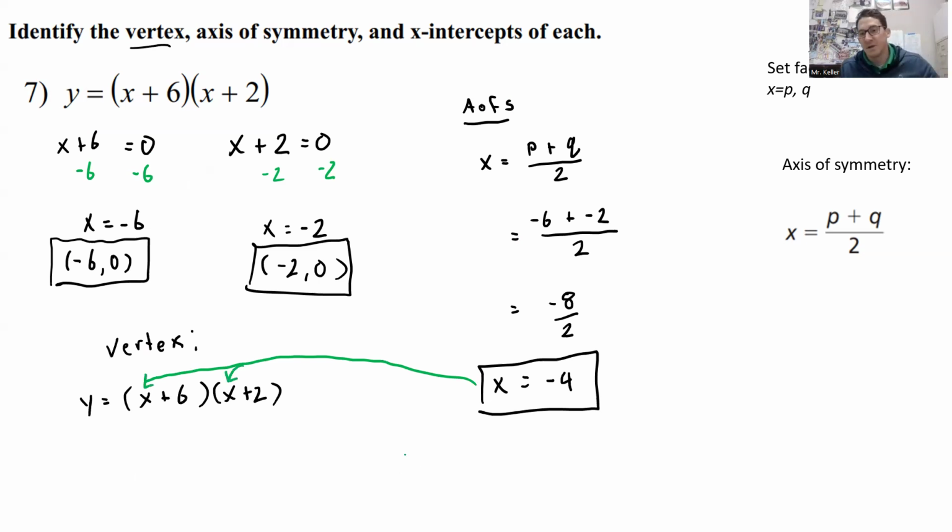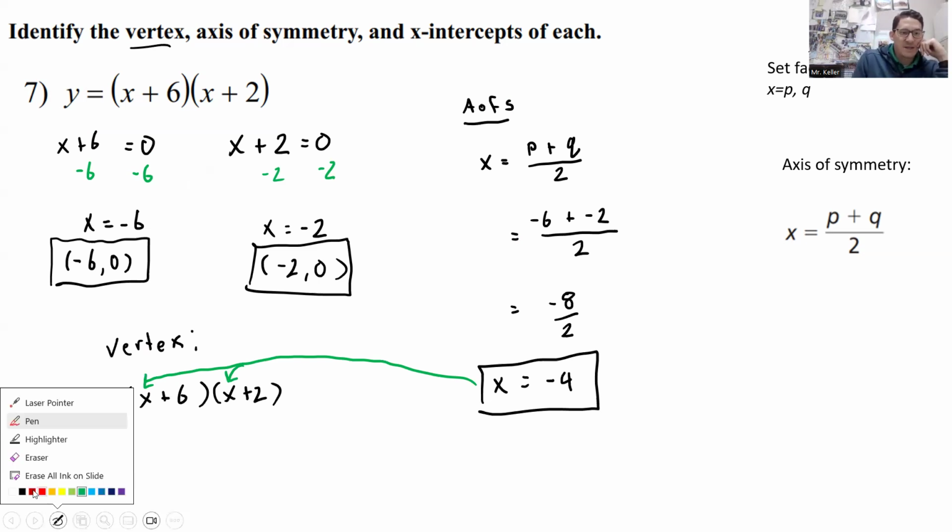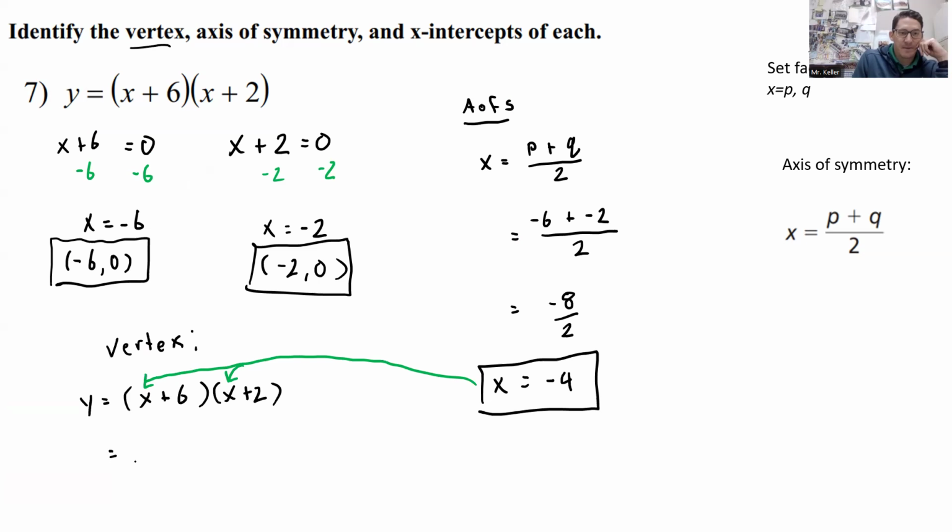You need to remember the axis of symmetry is the x coordinate of the vertex. So if I put -4 into x in the original equation, it's going to be -4 plus 6, and also -4 plus 2.